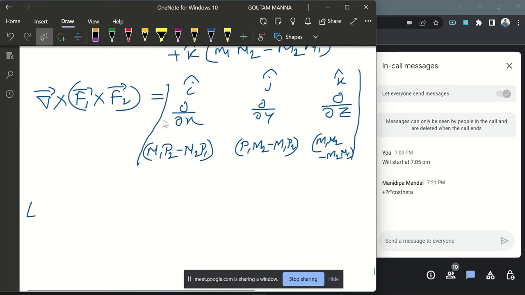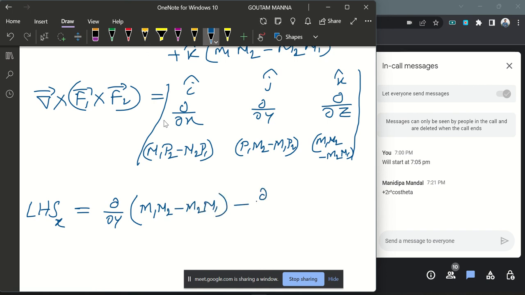So LHS, and in the suffix I am writing x, it means the x component of LHS. So it is basically the coefficient of i hat, that means del y of m1 n2 minus m2 n1, minus del z of p1 m2 minus p2 m1.